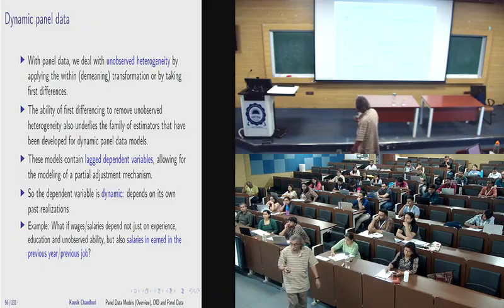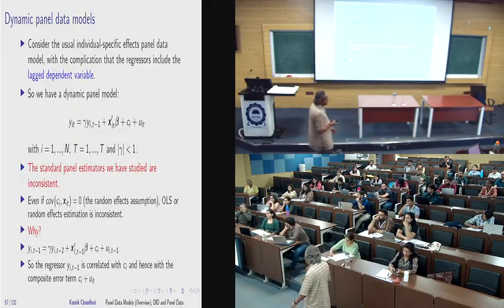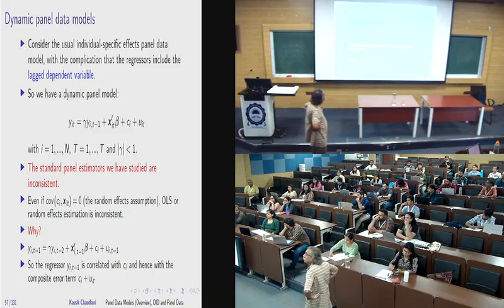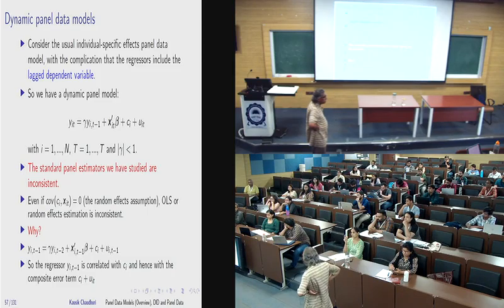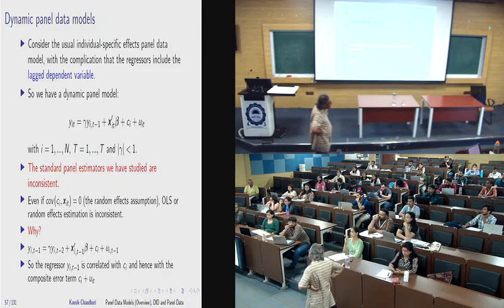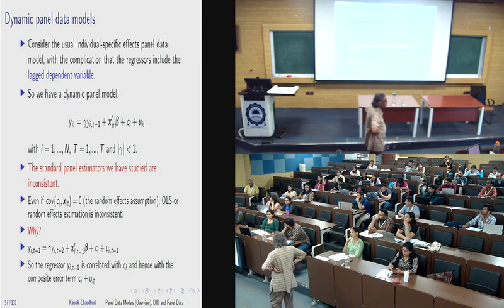Okay. So yes, please. In the previous session, you had talked about dealing with this heterogeneity of unobserved things. We use the fixed effect model to overcome it. Yes, as well as the first difference is able to overcome it.